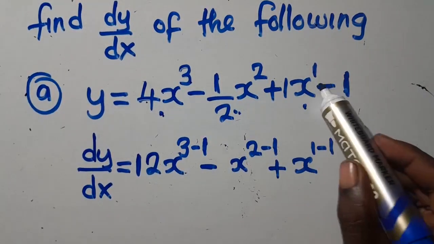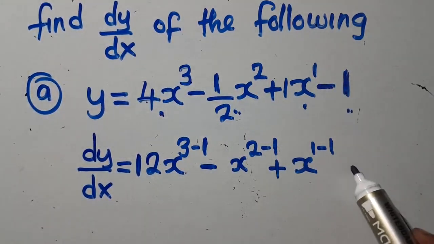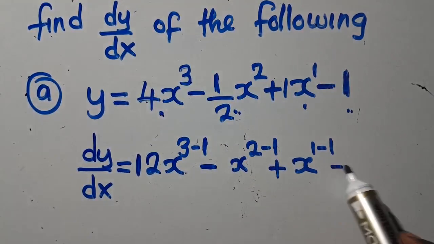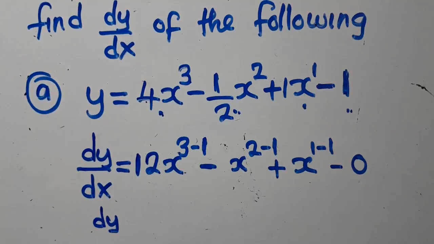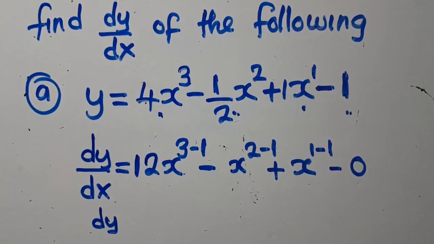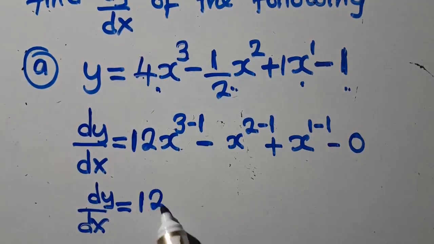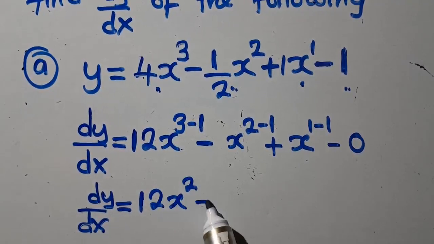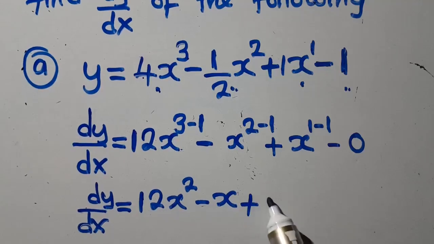Then here, under differentiation, you cannot differentiate a constant number. So just leave it like that. If you want, you can say minus 0 because it won't affect anything. You say this is the dy dx. So we continue, where we say dy dx is now equal to 12x squared minus x, that is just x, plus 1.